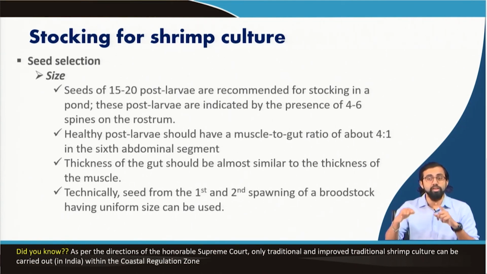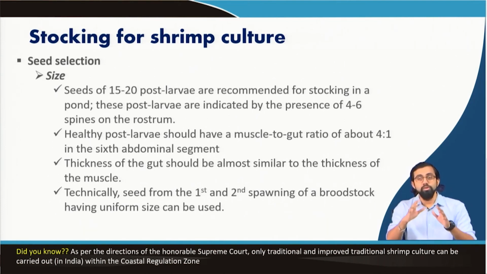Even in intensive there are open culture and recirculatory systems, with minimum waste and minimum water utilization, etc. So, based on the type of culturing system, this stocking density varies.